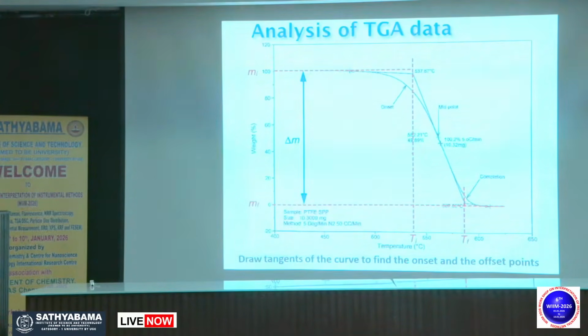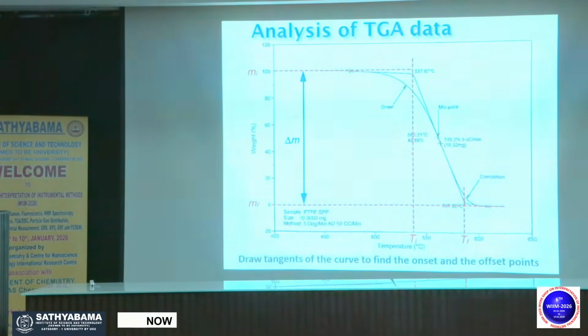What could be the decomposition temperature? There are many decomposition temperatures. People say T10, T50, T95 or something. Usually if nothing is written, T50 is the answer. What is T50? Weight loss of about 50% and that temperature is TD. What is TD? Decomposition temperature. Okay. What is TD here?